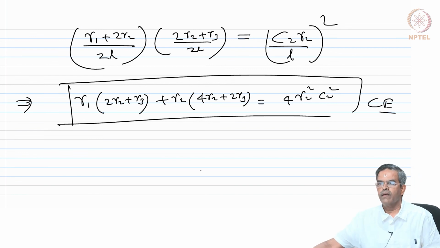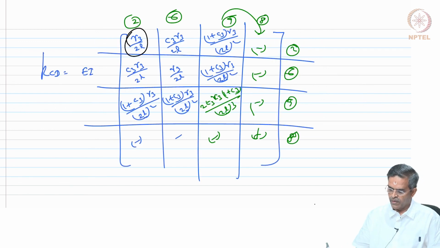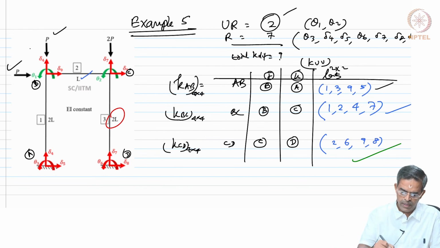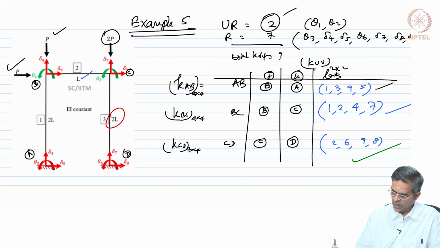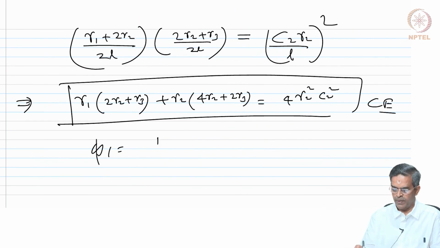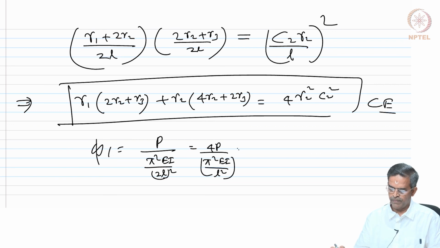But further, let us also write phi 1, see the figure, phi 1 will be P, phi 2 will be P, whereas phi 3 will be 2P, okay. So, let us do that. So, phi 1 will be P by pi square EI by 2L the whole square, which will now become 4P by pi square EI by L square, okay.